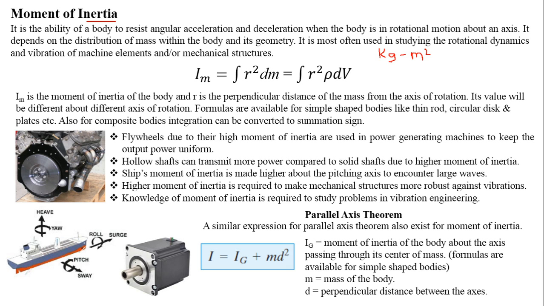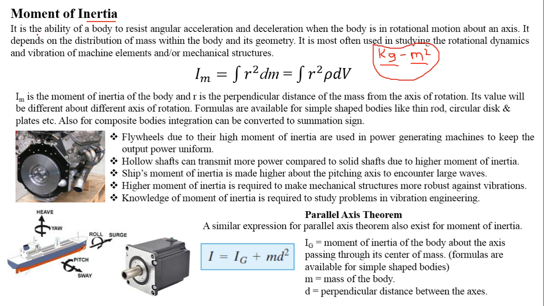It has a unit of meter raised to the power 4, but moment of inertia involves mass as well as geometry. So its unit is kilogram meter square, and it's a totally different thing. Sometimes people confuse these two things together: second moment of area and moment of inertia. But you can always check the units if you get confused. So these are two different things.